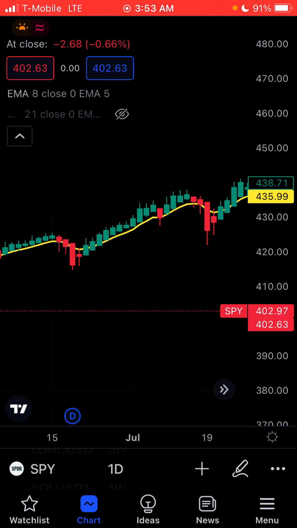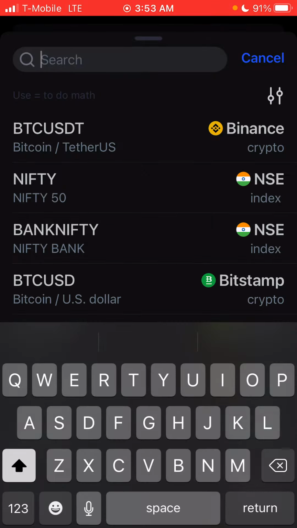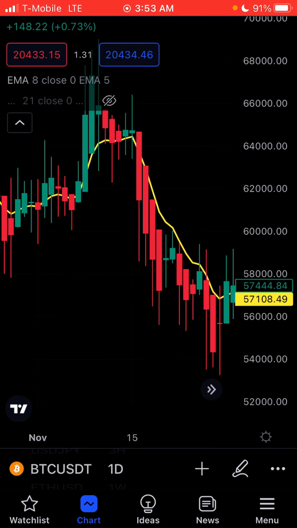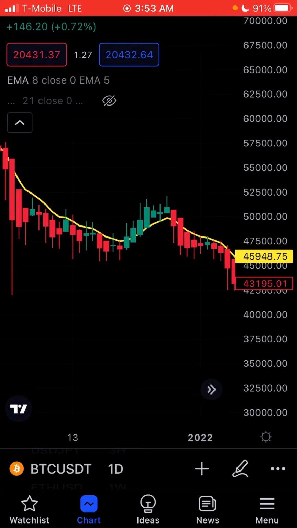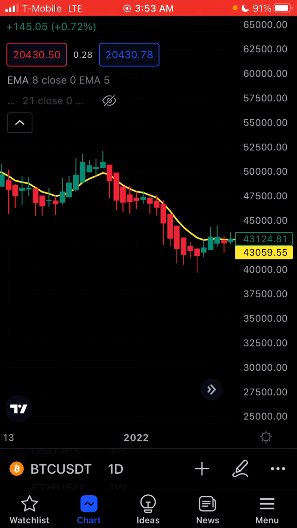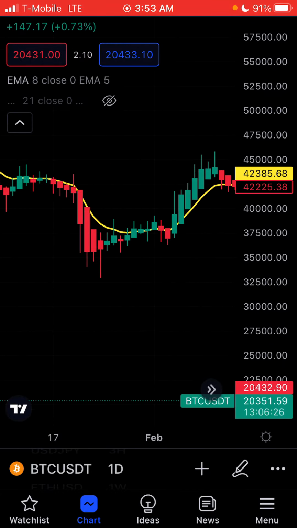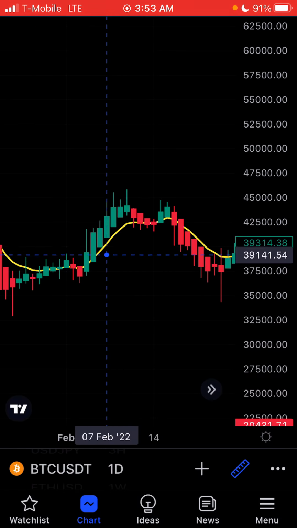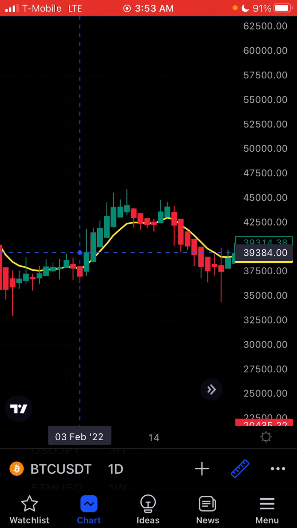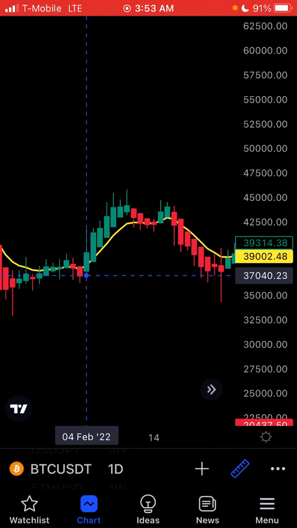But let's look at crypto real quick. Let's see if this works for crypto. Now, what you want to do, since you can't make money when it goes down, you want to focus on when it goes up. So you see the green candle going through the 8 EMA. So right here would be a good time to buy Bitcoin.